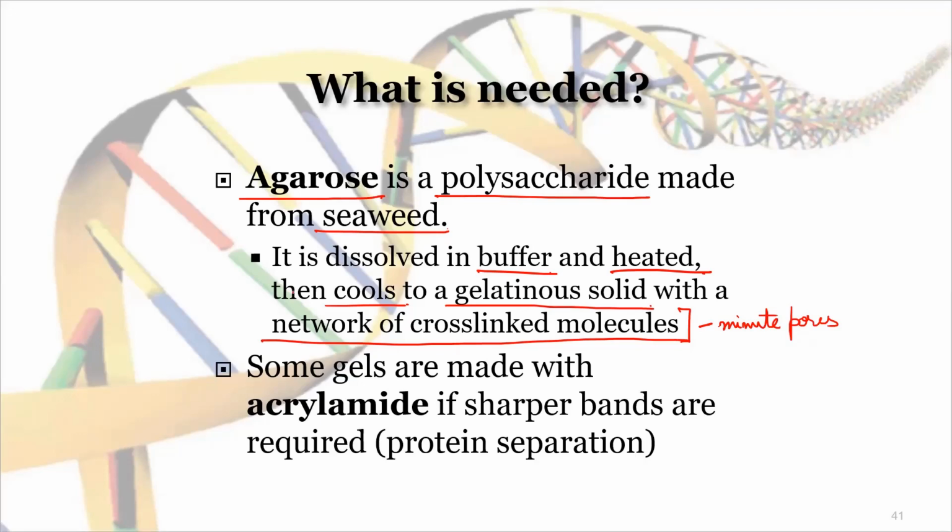Now the same technology is used for separation of protein also, protein molecules. But in that case, the gel is not made up of agarose, please understand. The gel is made up of another substance known as acrylamide. Okay, so that is separate information.